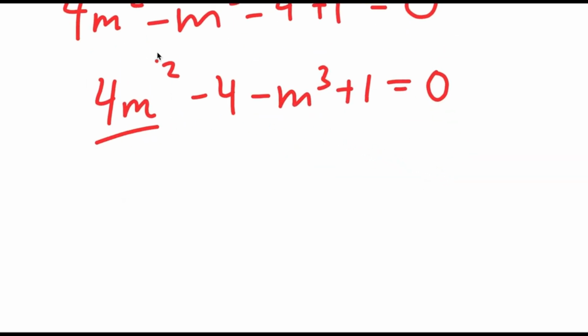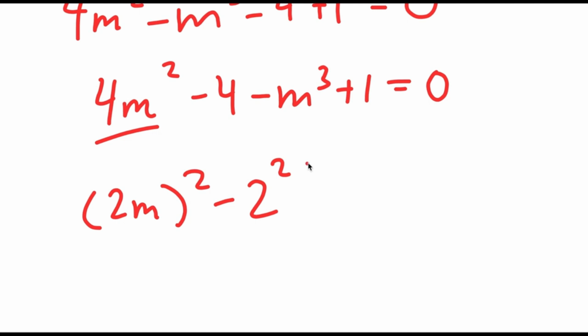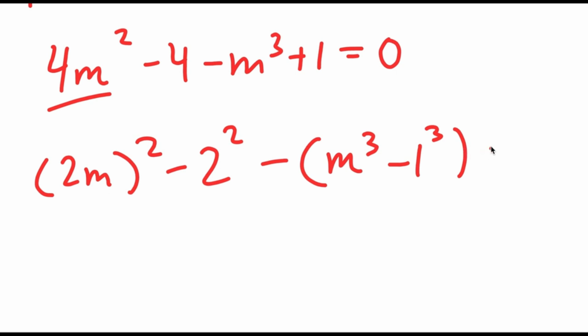And from here, I can rewrite 4m squared as 2m whole squared, and I'm going to rewrite 4 here as 2 squared. And then m to the power of 3 plus 1, I'm going to group this and rewrite this as negative m to the power of 3 minus 1 cubed. 1 is the same thing as 1 cubed, so that doesn't make a difference.